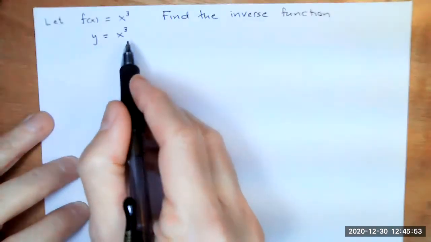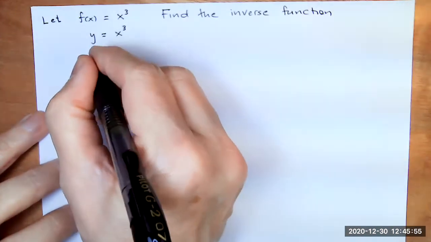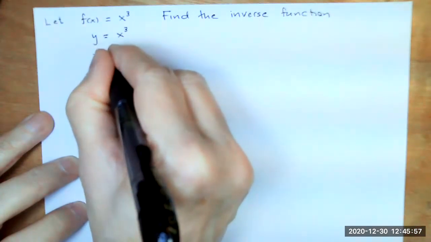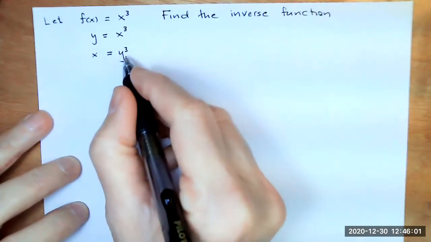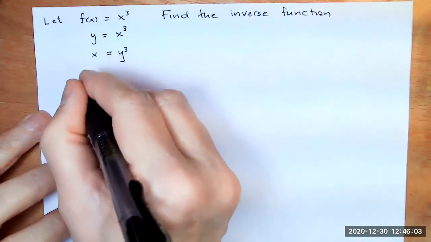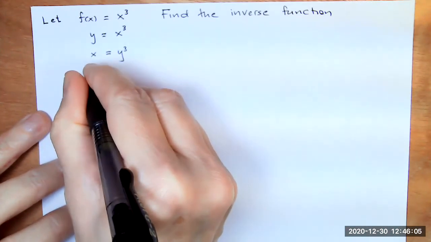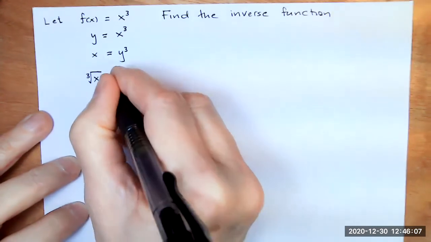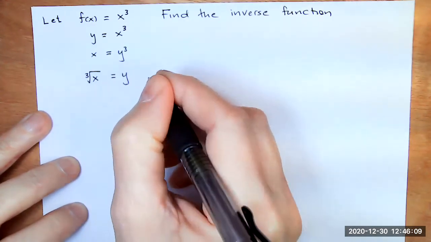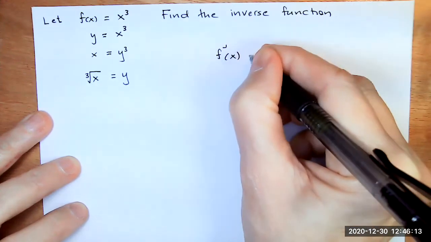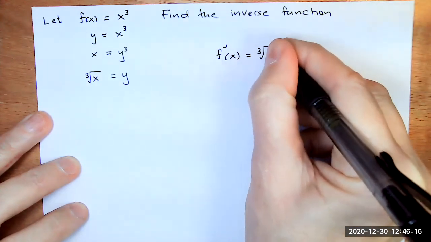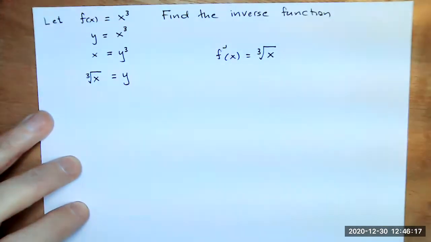So we just switch x and y. And then solve for y. And because y is an odd root, you do not get plus or minus. That only happens when you take an even root. So f inverse is the cube root of x.